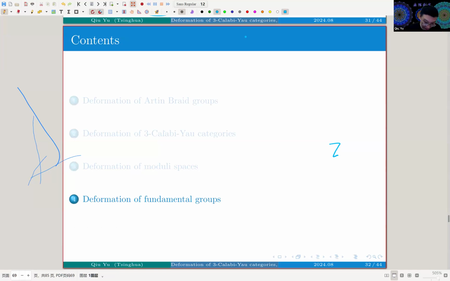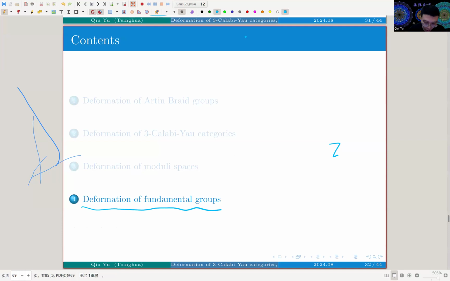So finally, let me tell you about the deformation of the fundamental group. Basically, the symmetry on the 3-Calabi-Yau category becomes the fundamental group of the moduli space of quadratic differentials. And this is important because previously people had a hard time calculating this type of topological data.